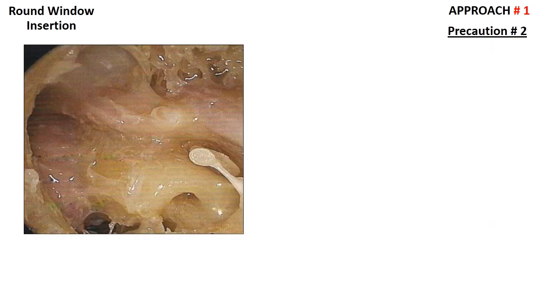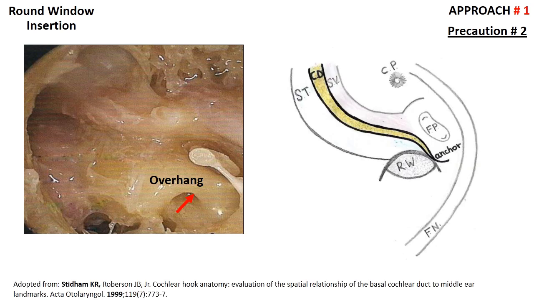The second precaution of the round window insertion, that sometimes there is an overhang, a bony overhang, over the round window membrane itself. And you have to remove this overhang.